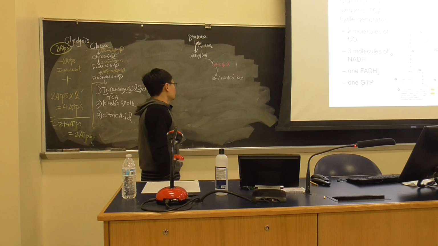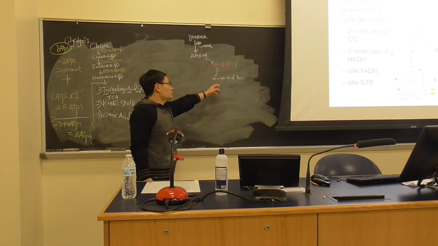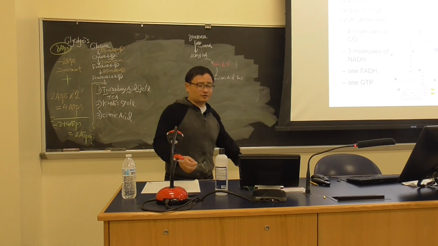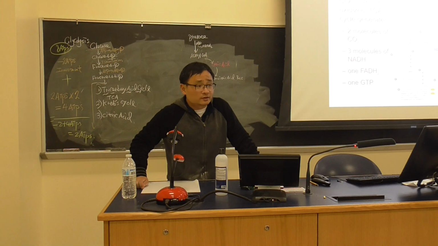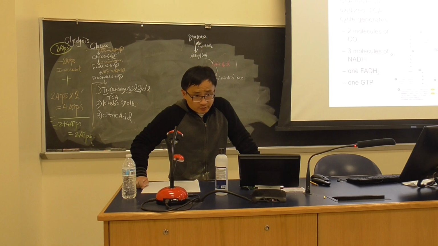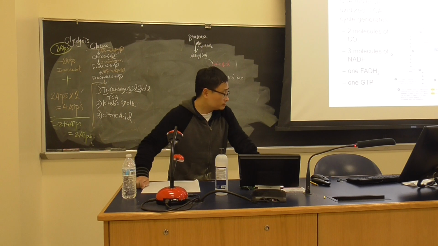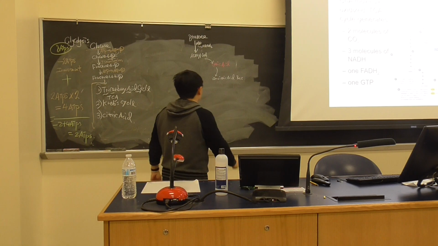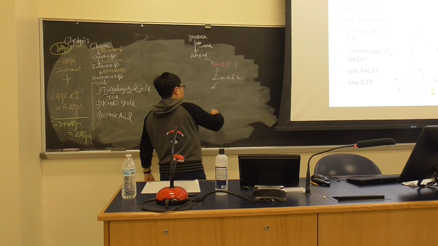So citric acid becomes isocitric acid. When you see something like an iso, what does it mean? Isomerization, which means the chemical structure is different, but the chemical compound and the molecular weight are the same. So isocitric acid. Then goes what?